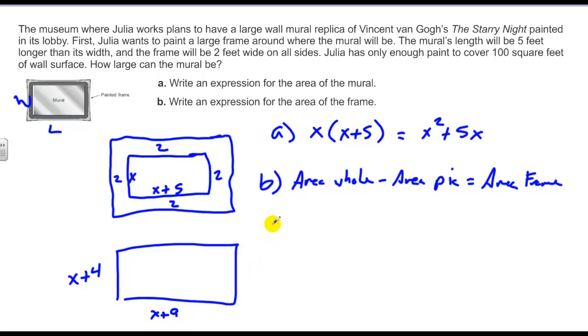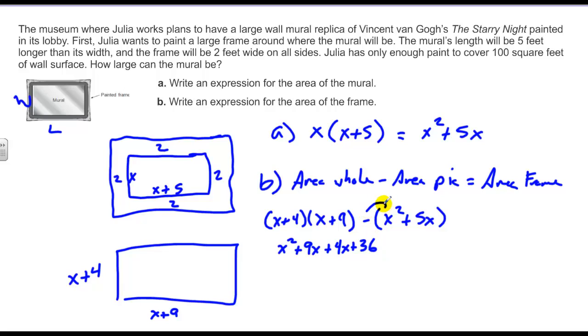So the area of the whole is x plus 4 times x plus 9. And we have to subtract off the area of the picture. We already did that. The area of the picture is just x squared plus 5x. And that will give me the area of the frame. I'm going to need to FOIL this. So it's x squared plus 9x plus 4x plus 36.